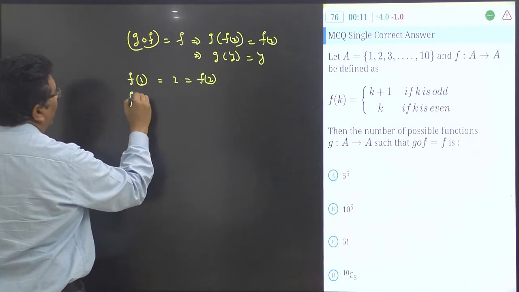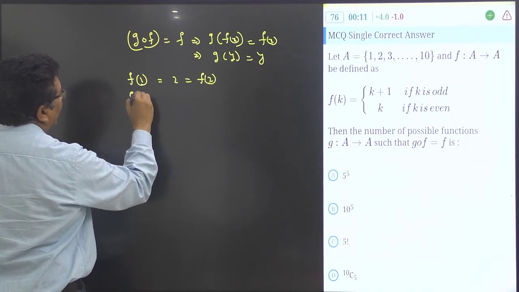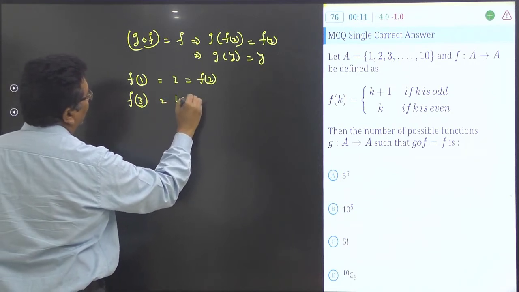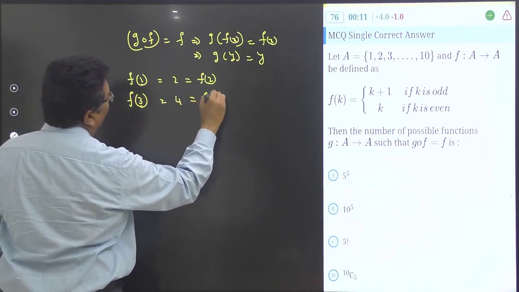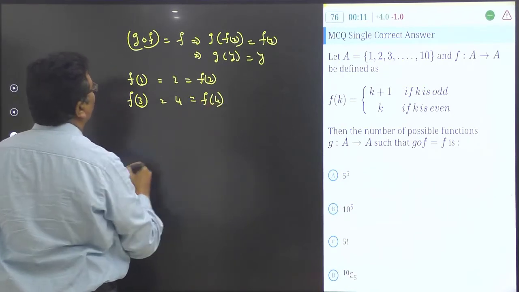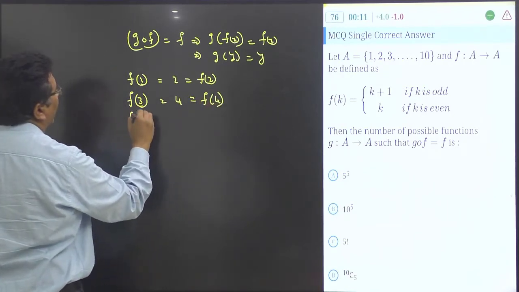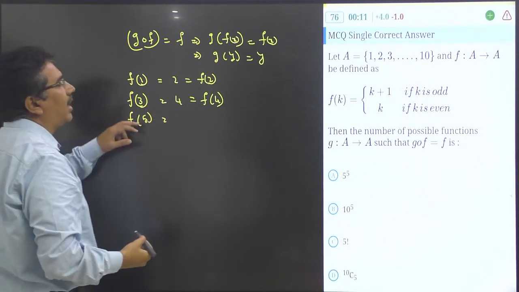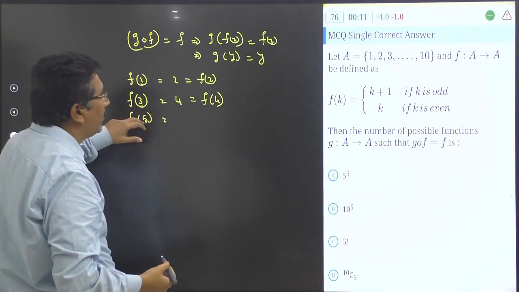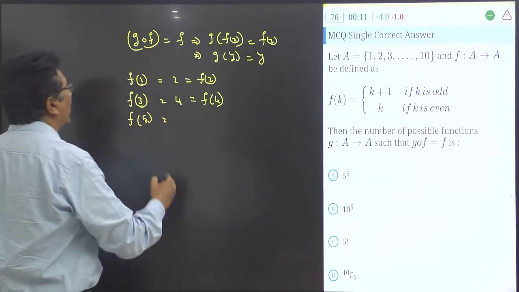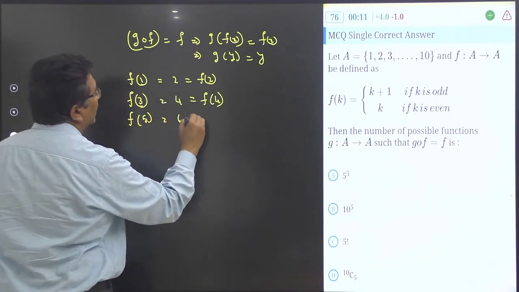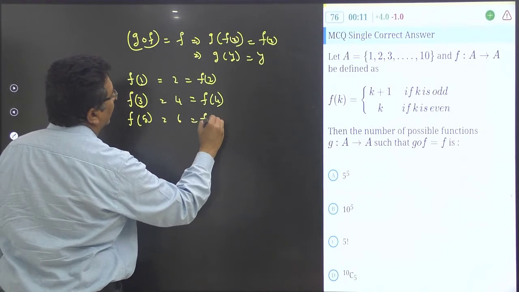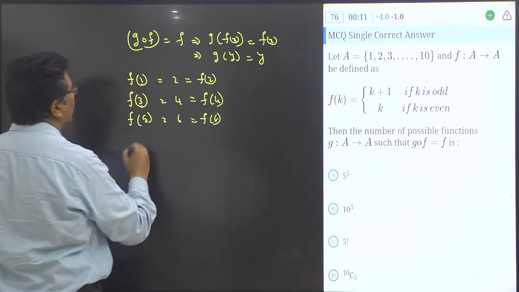Similarly, f of 3 is equal to 4, that is also equal to f of 4. Next, f of 5: here 5 is odd, so its image is 5 plus 1, that is equal to 6, that is also equal to f of 6.